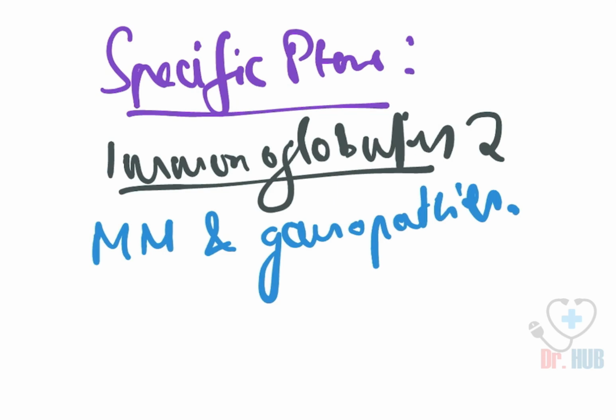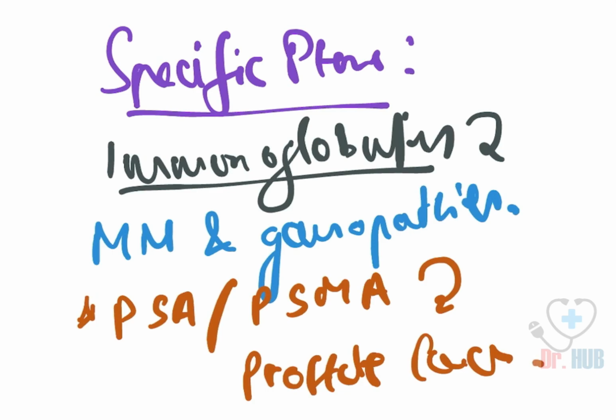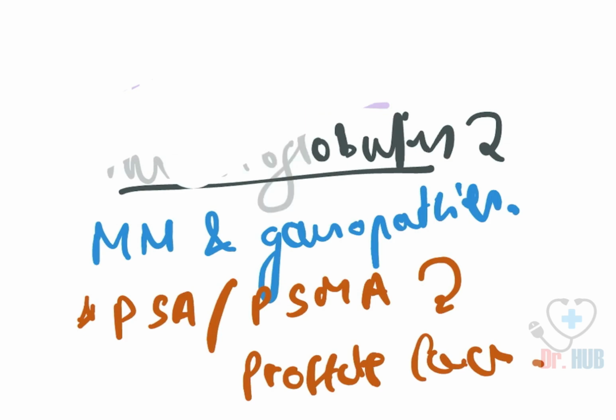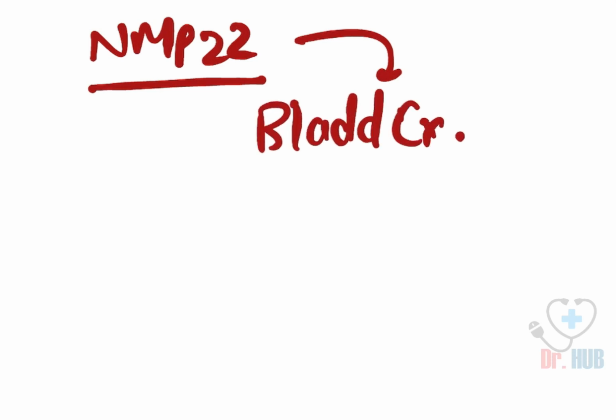Then we look at the PSA, that is the prostate specific antigen, and the prostate specific membrane antigen. This is, as the name suggests, for prostate cancer. Now, going back, we see the NMP22. This is what is seen in case of the bladder cancer.